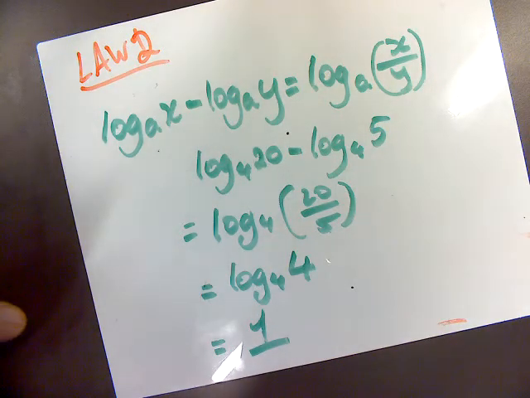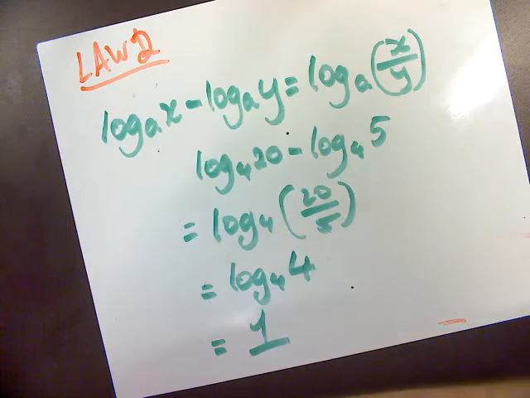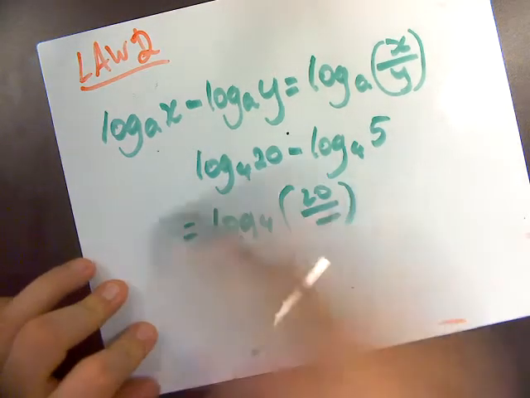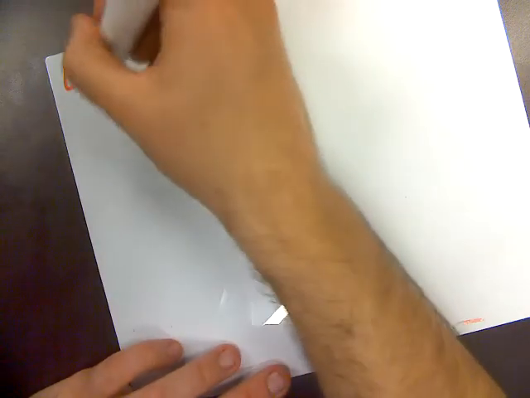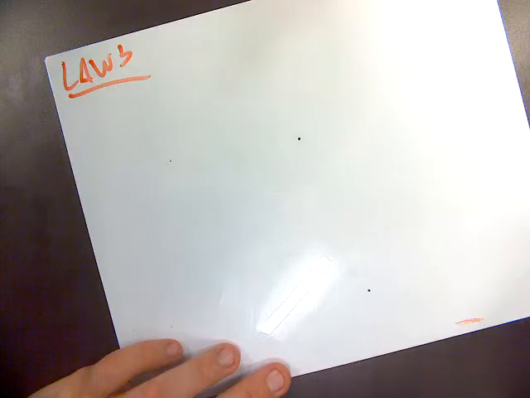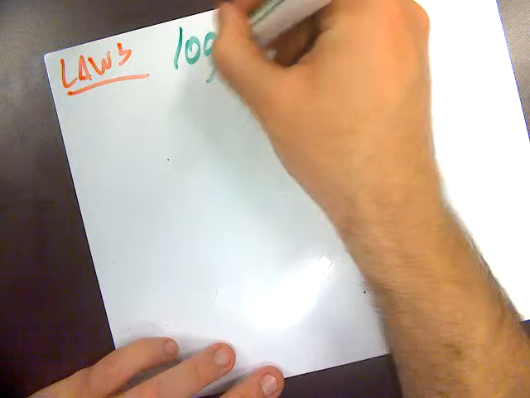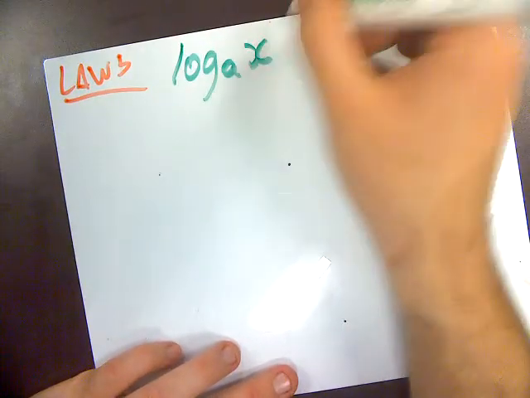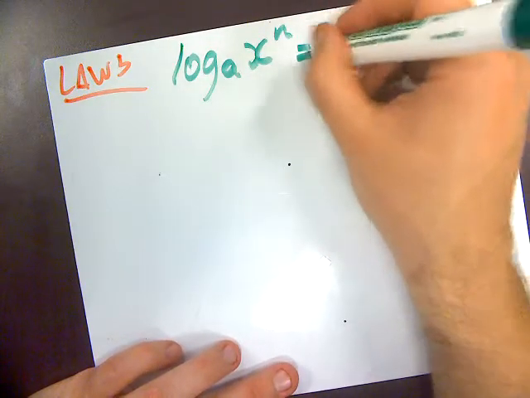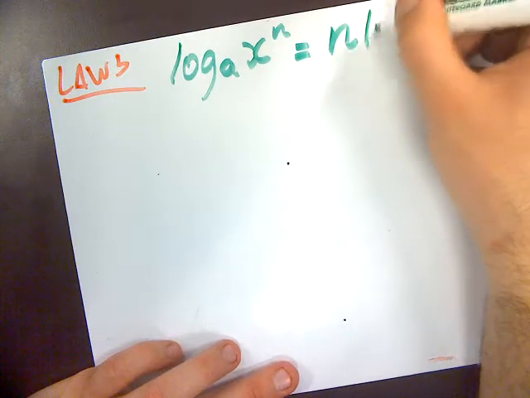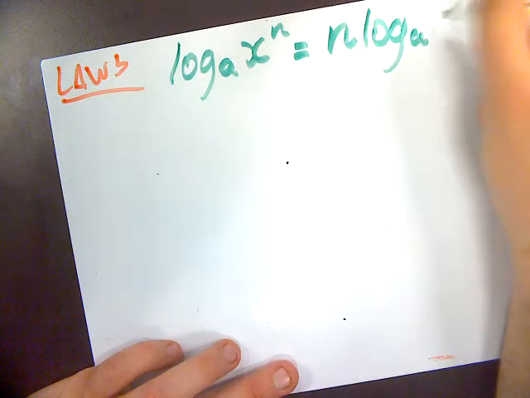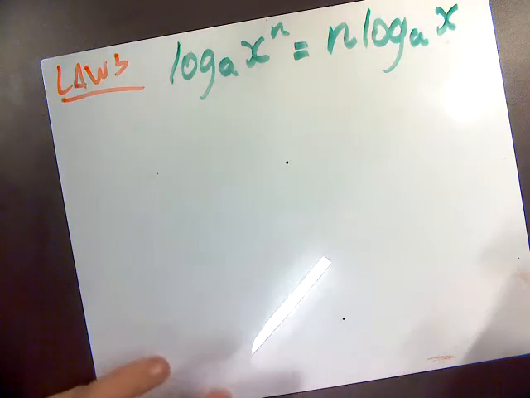So we have law 1 and law 2 mirroring our index laws very closely. So let's take a look at law 3. Our logarithm law 3 states that logarithm with base a of x to the power of n is simply going to be n out the front, times logarithm base a of x.